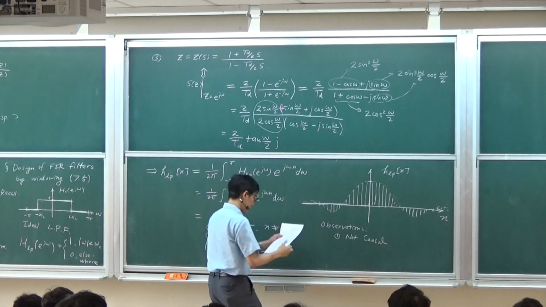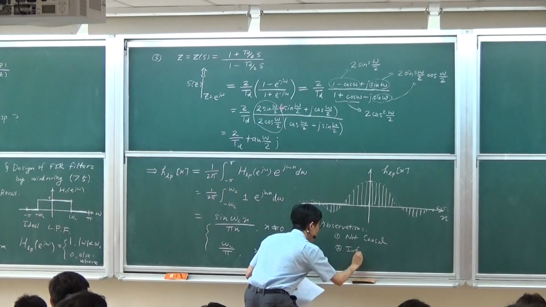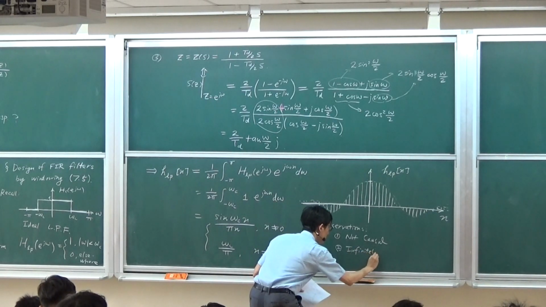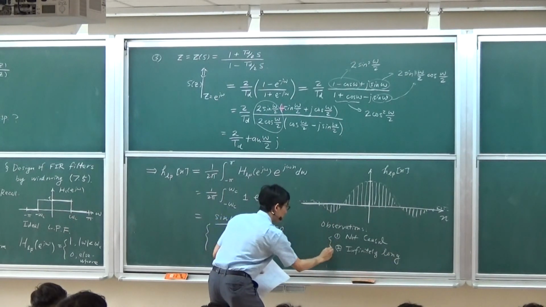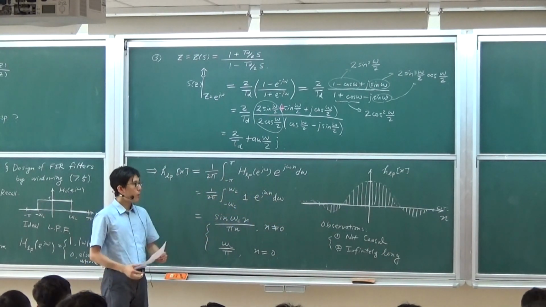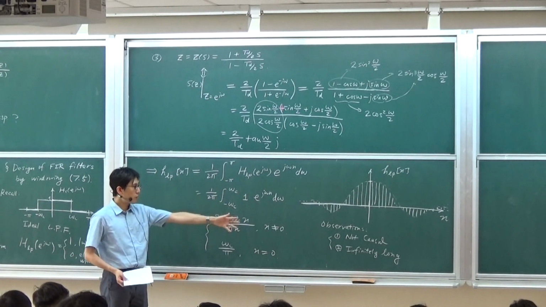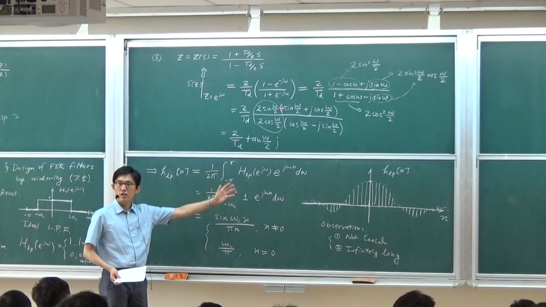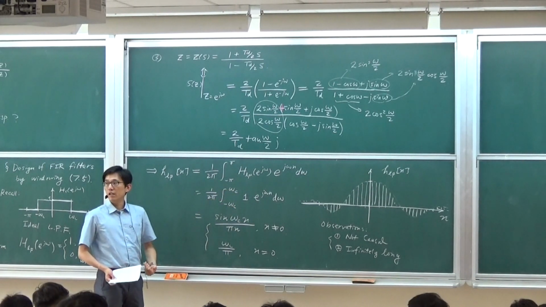It's not causal and it's infinitely long. We should realize that because of these two properties, this ideal low-pass filter can never be realized. It cannot be implemented.